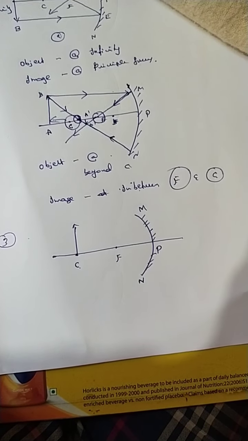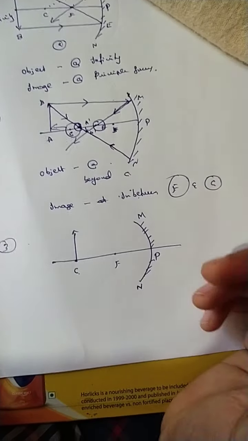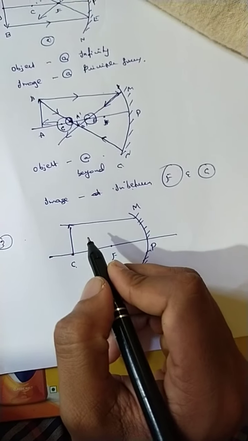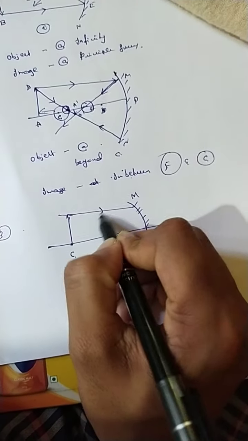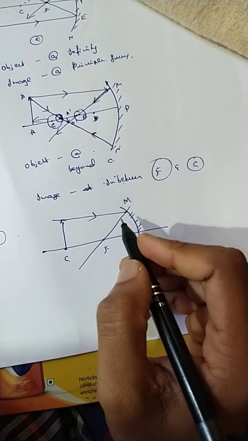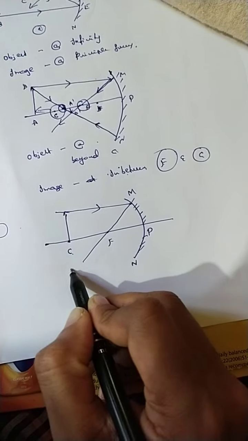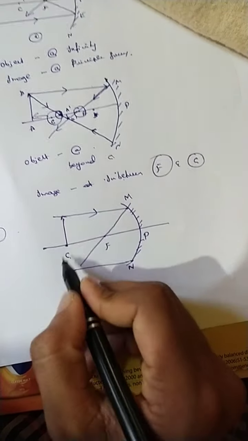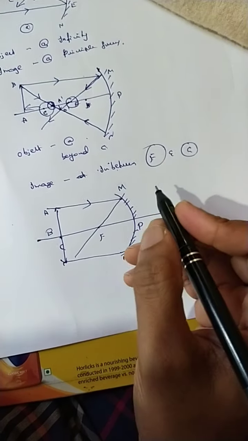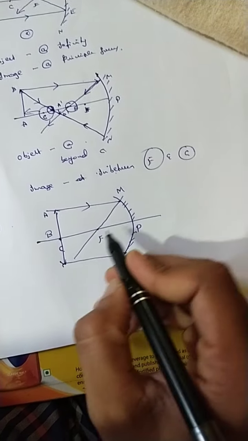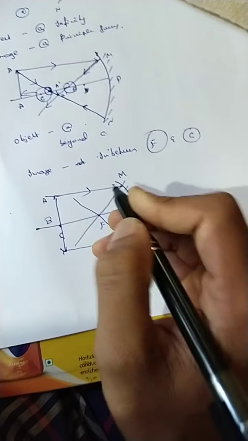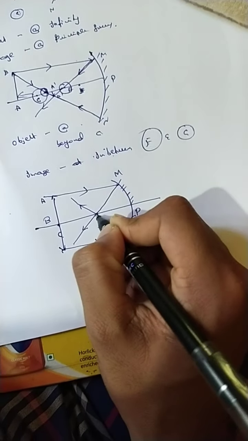An incident ray passes to the reflecting surface, and it passes through the principal focus. Now another ray, parallel to AB, parallel to the principal axis, passes to the reflecting surface and again passes through the principal focus.